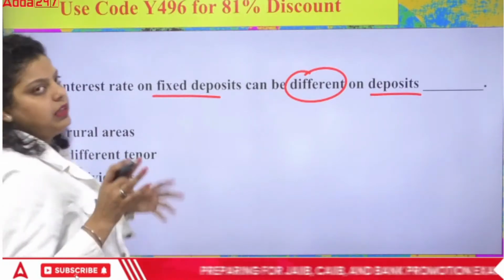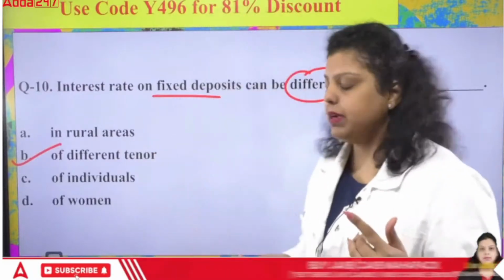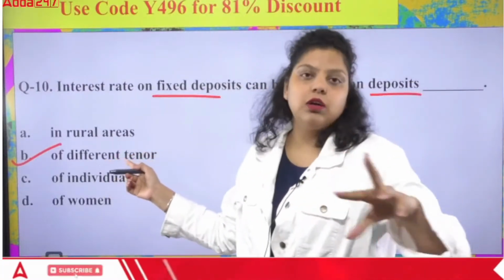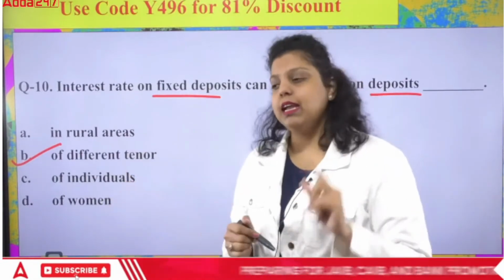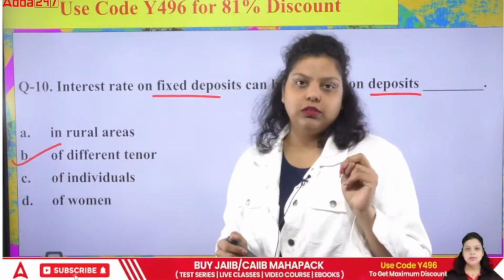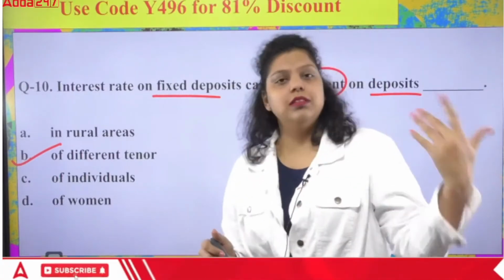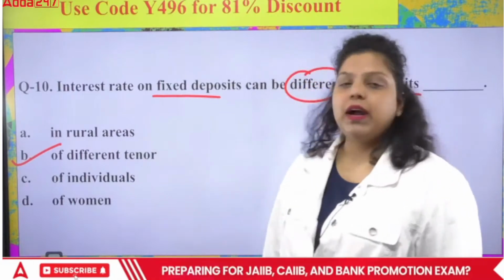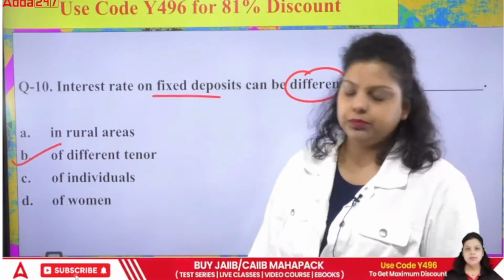The interest rate will be decided differently on the term deposit depending on the tenure of the FD, like for how much duration you are making the FD. Second, the size of deposits: if you are doing a bulk deposit, interest will be different; if you are doing a small deposit, interest will be different. So these are the factors by which a bank decides what interest rate should be paid on the fixed deposit.